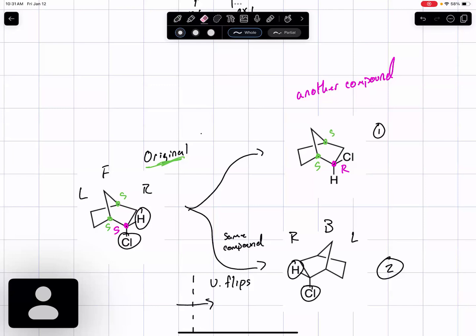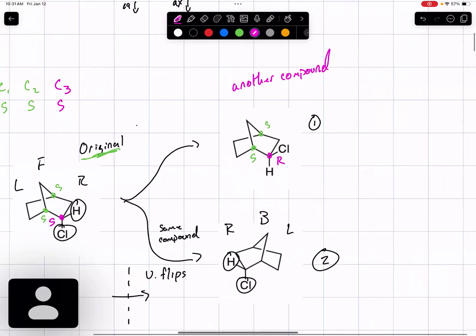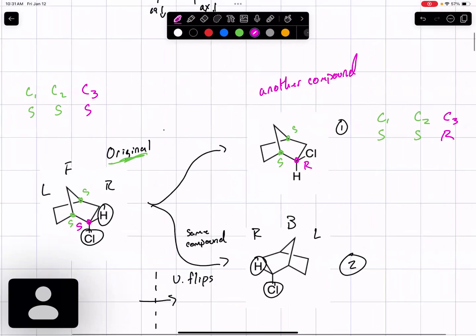So let's say you have multiple chiral centers, as we do in this case. At chiral center 1 and chiral center 2, we have a configuration of SS, and at chiral center number 3, we have S. In the other compound, chiral center number 1 stays the same, chiral center number 2 stays the same, but now at chiral center number 3, we've changed it to R. What do we call that?